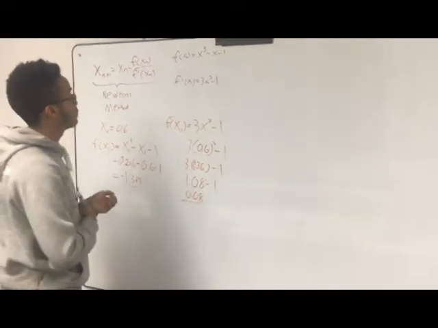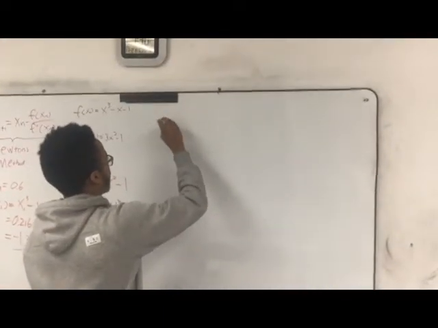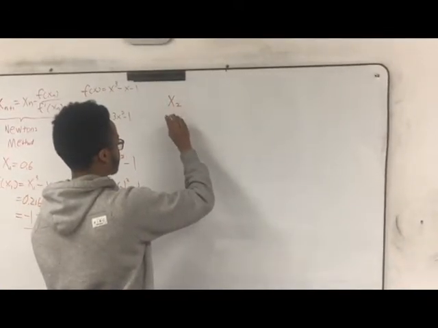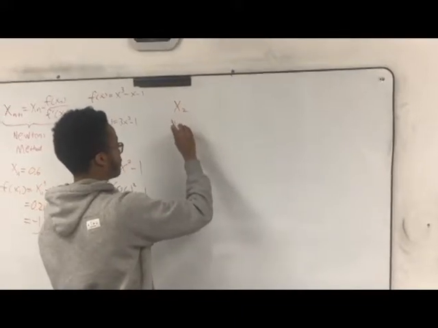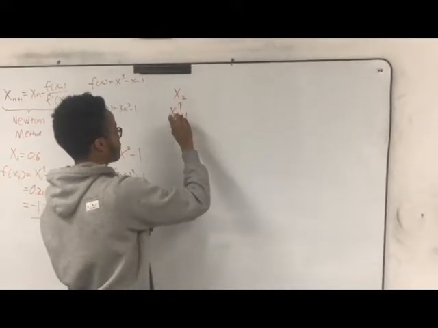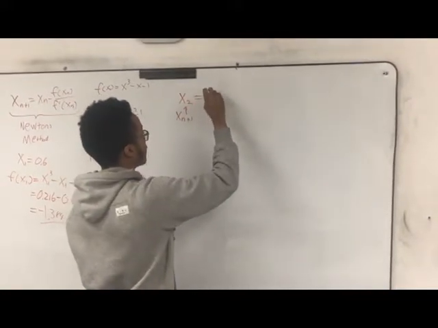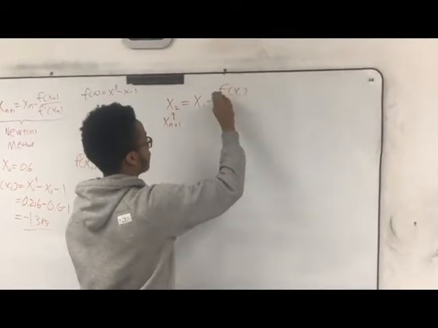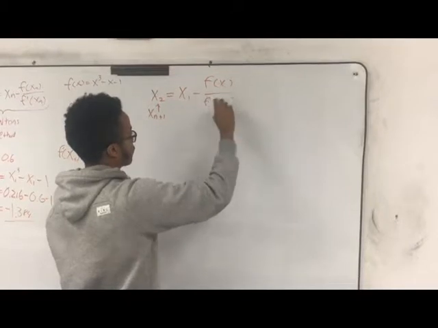Now that we have our x1, our f of x1, and f prime of x1, we can finally plug it into this equation so that we can find our x2, or as it says in the equation, x n plus 1, because 1 plus 1 equals 2. Now we have our x1 minus f of x1 divided by f prime of x1.